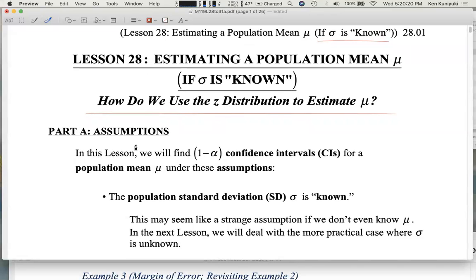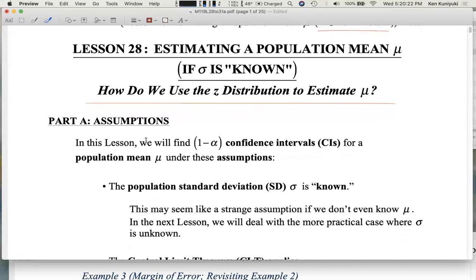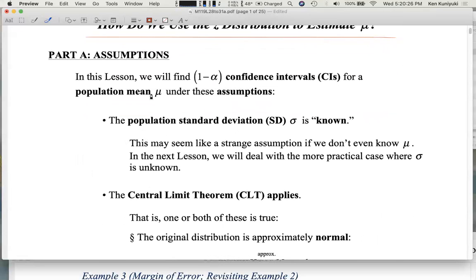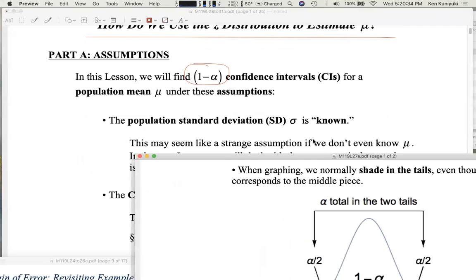All right. So what are the assumptions here? In this lesson, we're going to find a confidence interval for mu, the population mean. And we describe these as 1 minus alpha confidence intervals. That's the typical notation.